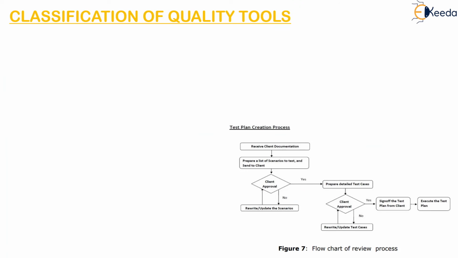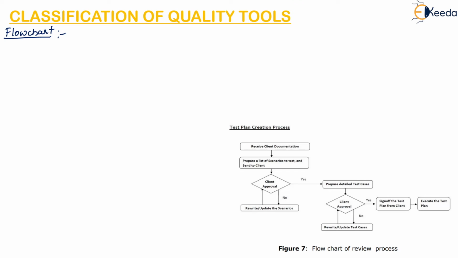The next one is the flow chart. A flow chart is a diagrammatic picture that uses a series of symbols to describe the sequence of steps existing in a process or operation.